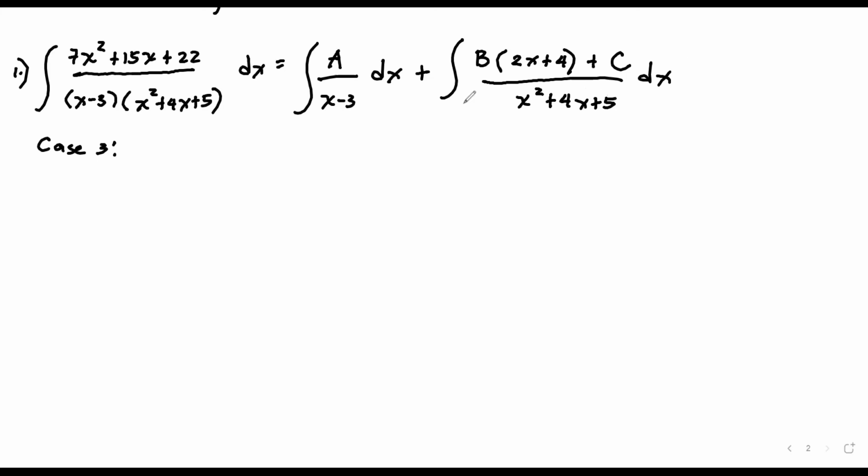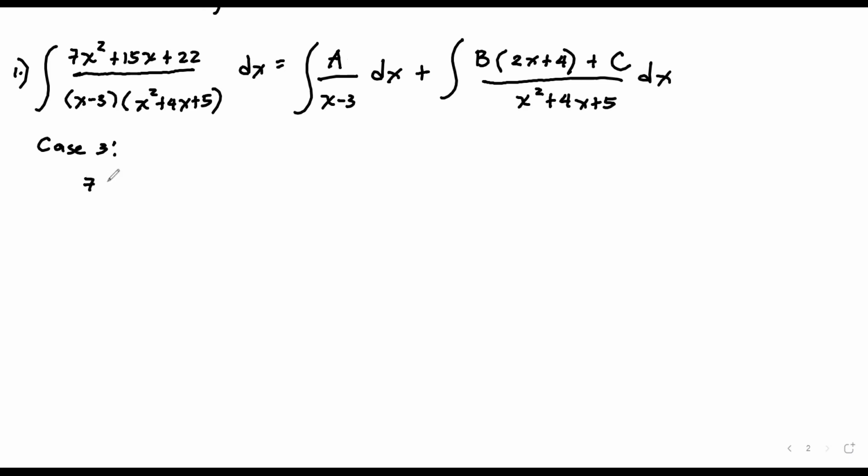Okay? So, ito siya. When we do partial fraction for this, dahil quadratic and distinct factors, we have x minus 3 and x squared plus 4x plus 5, this is linear. So yung taas natin, kailangan linear din. So a over x minus 3 dx plus the other factor class is quadratic. So we need to get the derivative of this x squared plus 4x plus 5. That is 2x plus 4 plus c dx. So we're going to find the value of a, b, and c.